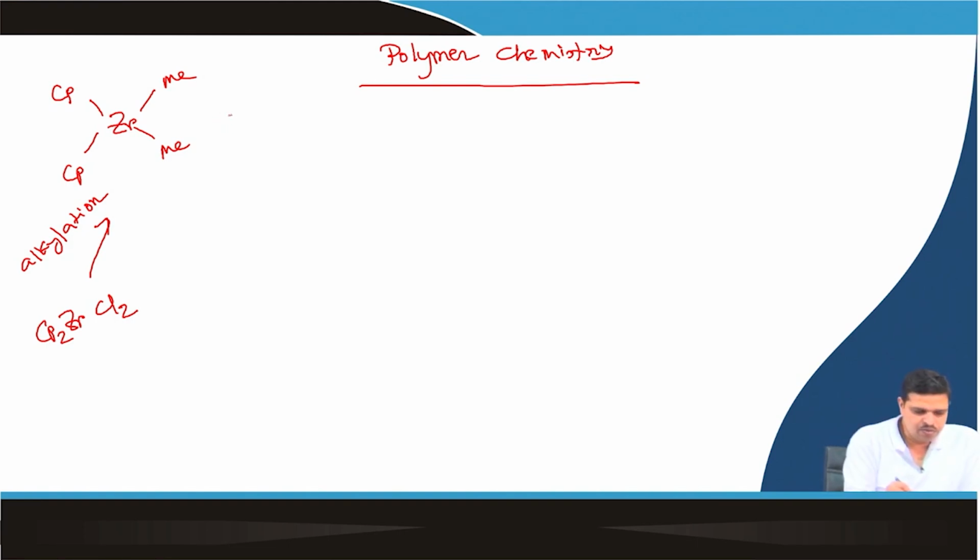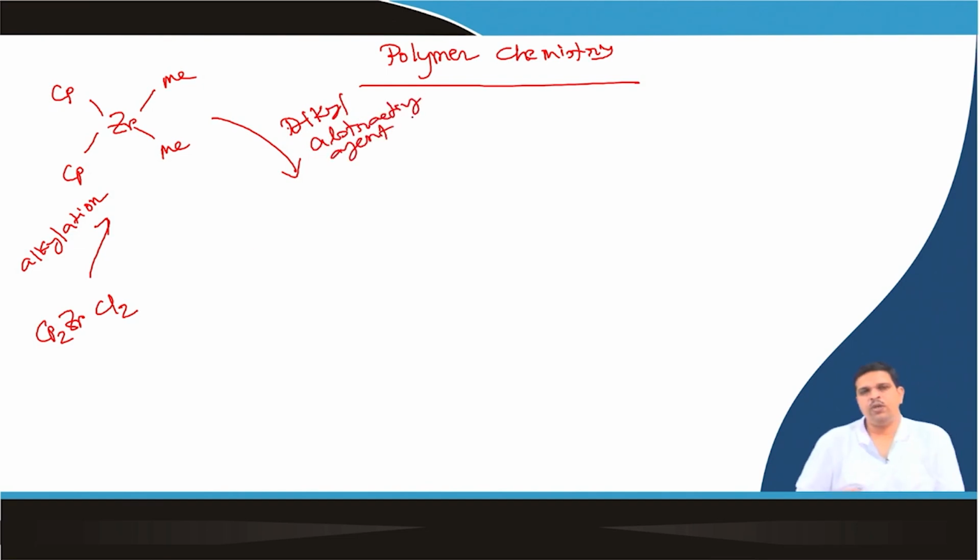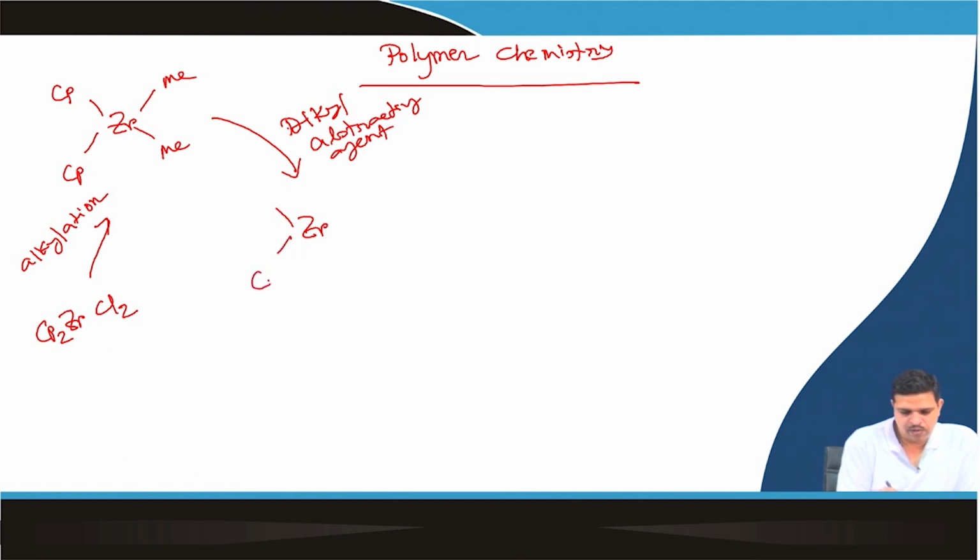Then what we do, this one we use the alkyl abstracting agent. Again you can use the trialkyl aluminum and it forms the methyl and this one.